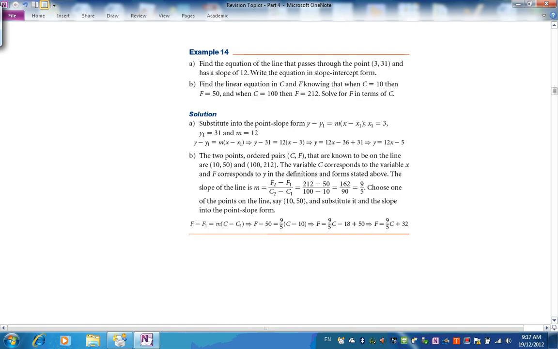This is now finding the equation, given some information about it. Find the equation of the line that passes through the point (3, 31) and has a slope of 12. Write in slope-intercept form.